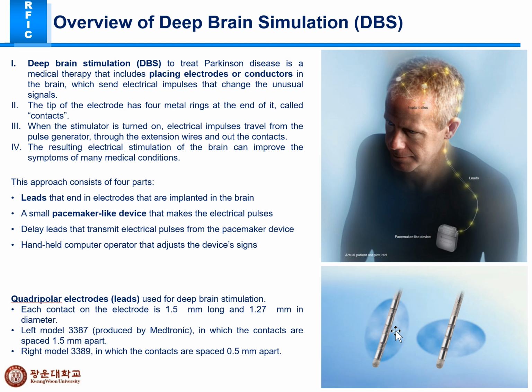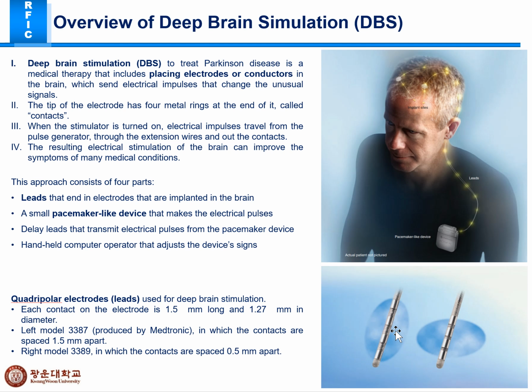Electrical impulses travel from the pulse generator through the extension wire and out of the contact. The resulting electrical stimulation of the brain can improve the symptoms of many medical conditions. This approach consists of four parts: leads, a pacemaker-like device, an extension that transmits electric pulses, and a handheld computer that adjusts the device settings.